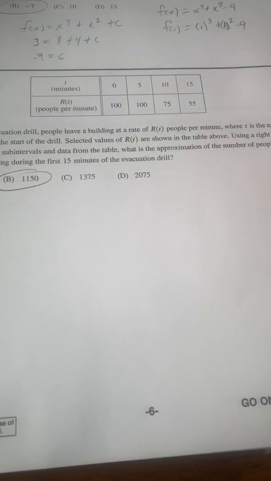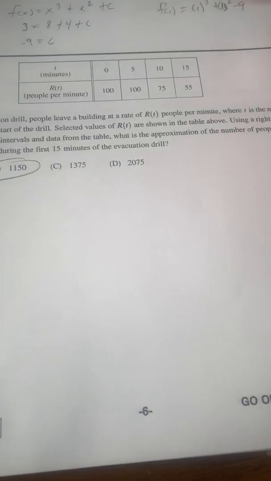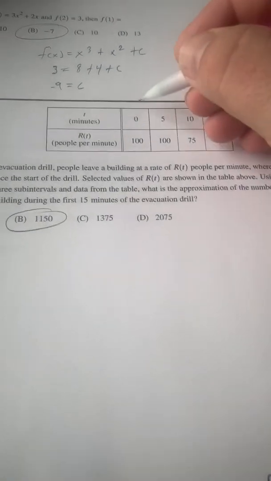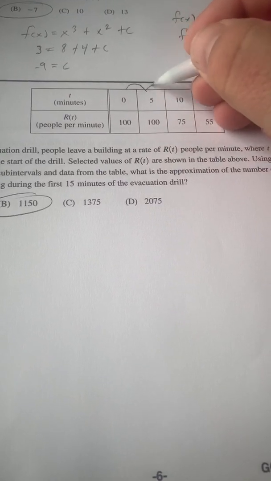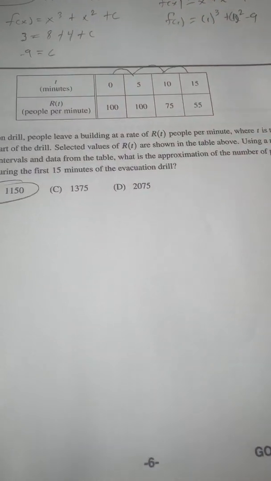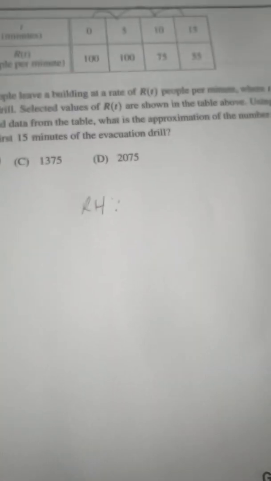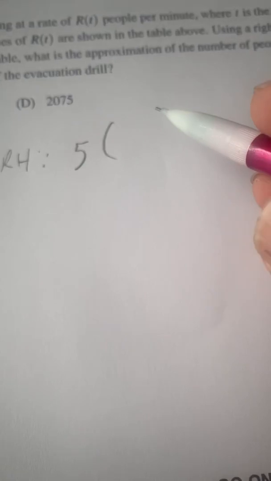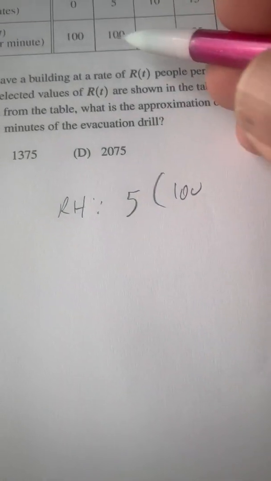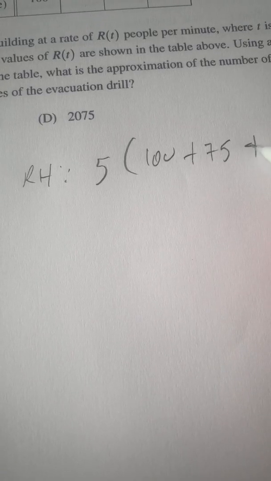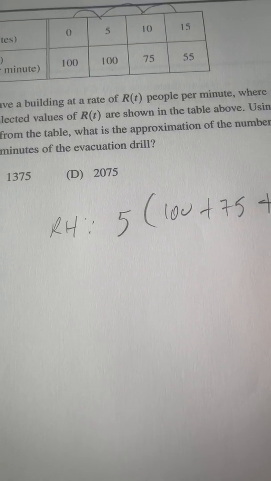This one here, during evacuation drill, this is a rate function. I'm not going to read the whole thing, but it says using a right Riemann sum with 3 subintervals. So I'm going from 0 to 5, from 5 to 10, from 10 to 15. So my right-hand sum will be 5 times, right hand would be 100, but it's this 100, plus 75, plus 55.